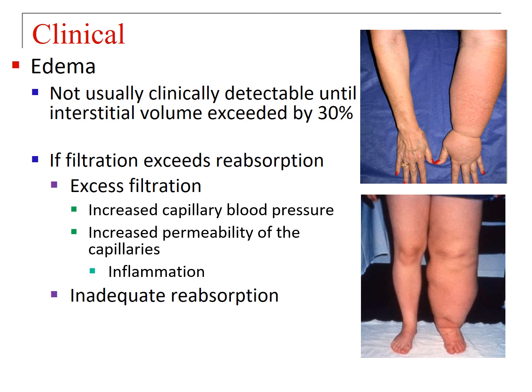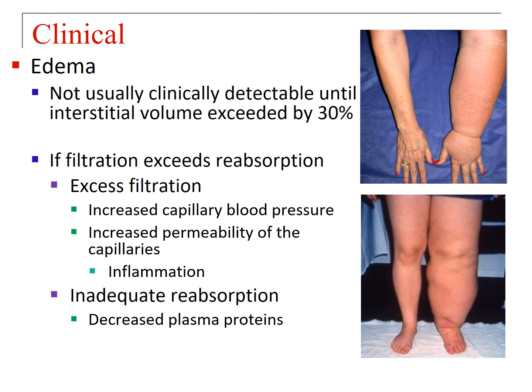Now, the other main mechanism of filtration exceeding reabsorption is when you have inadequate reabsorption. And so this might be some sort of problem with the lymphatic system. A couple of things can contribute to this. One is decreased plasma proteins. I think the most classic example of this happening is in end-stage starvation, in which the body begins to actually break down blood proteins to serve as a protein source.